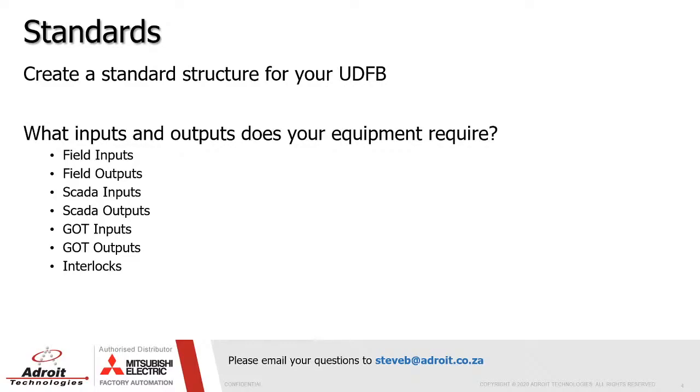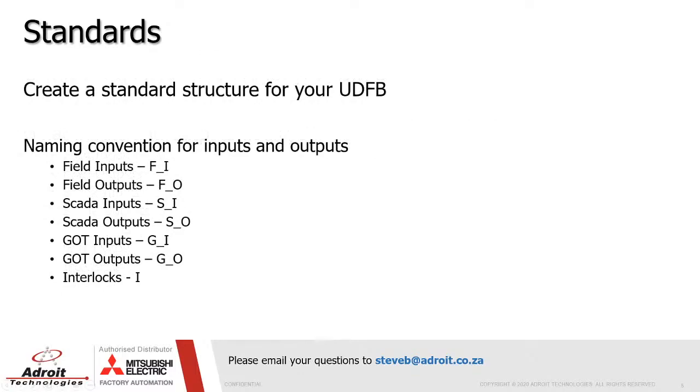Now we have basically specified our different types of inputs and outputs. We're going to see how we can name them in the function block, so that whenever you create a function block, your naming convention stays the same.